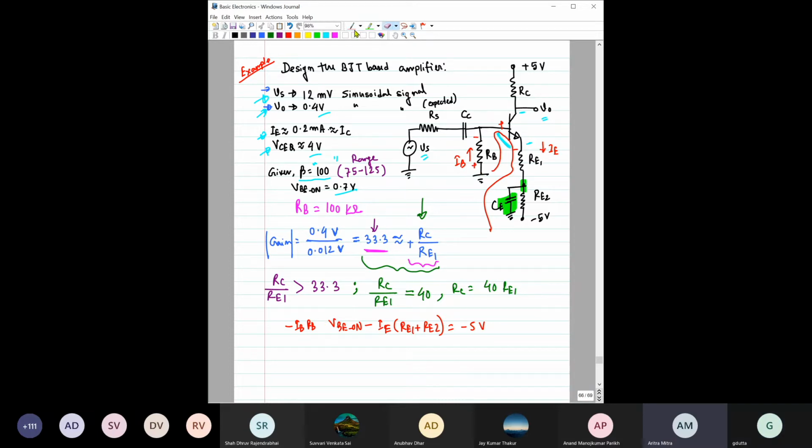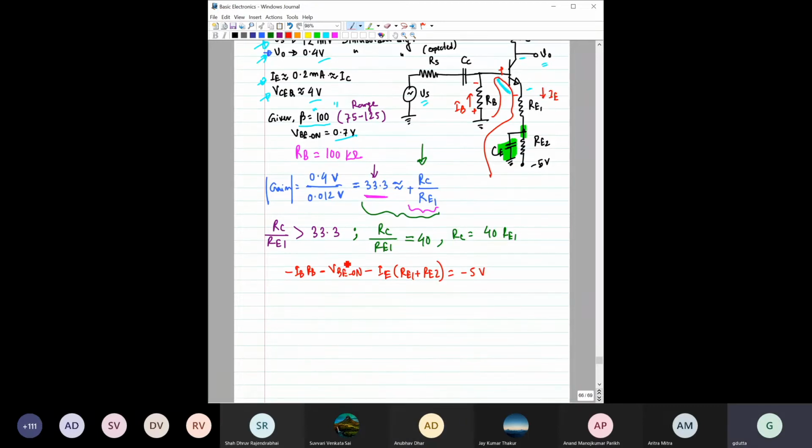Very good. Please check whether all of you agree with this equation. Right. Very good. So here, what we can do, we can write IE equal to 1 plus beta times IB, isn't it?